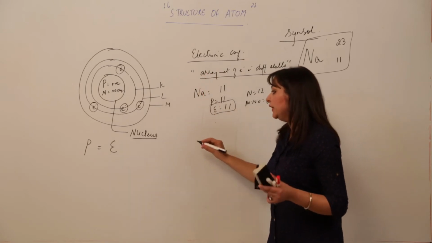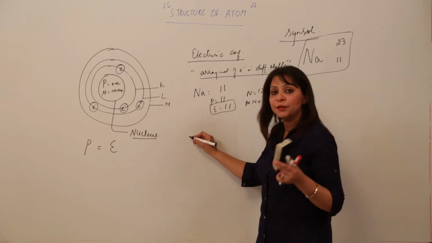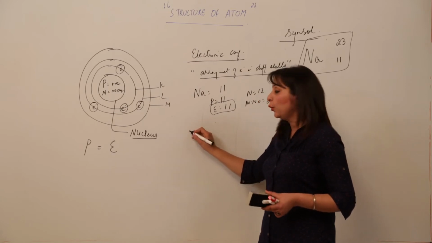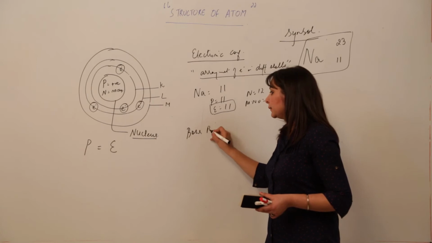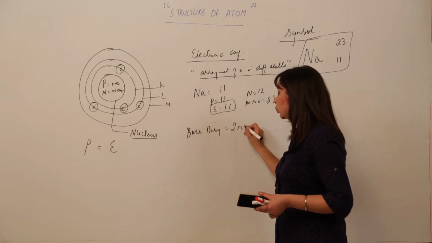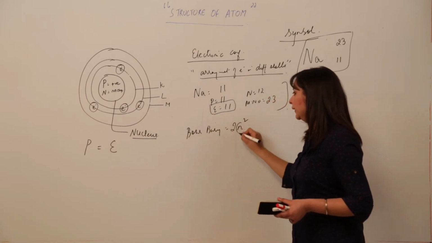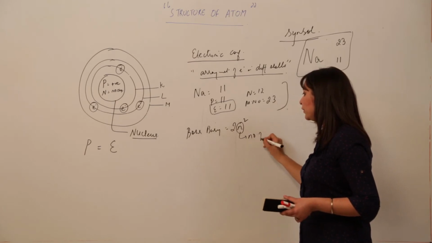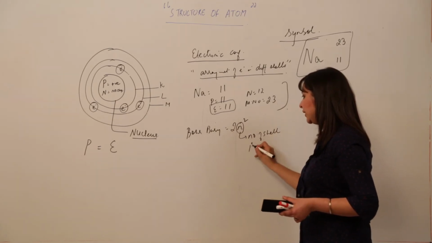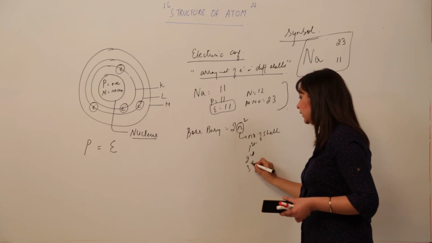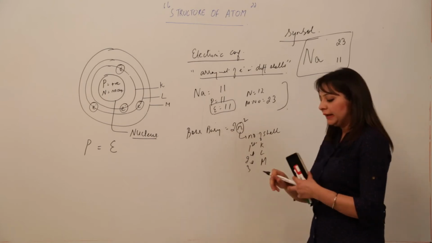As we have done in the Bohr-Bury rule, that is the Bohr model, Bohr gave the Bohr-Bury rule, that is 2n square. So what is this n? N indicates the number of the shell, whether it is the first shell, second shell, third, or you can write K, L, M like this.